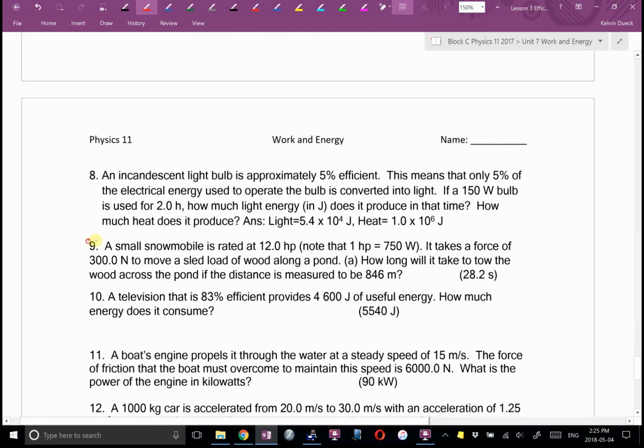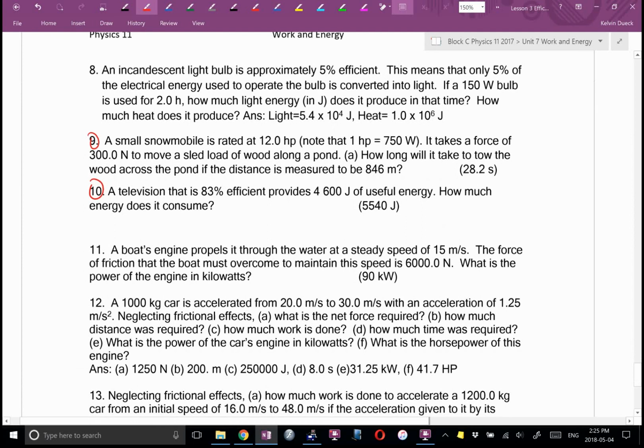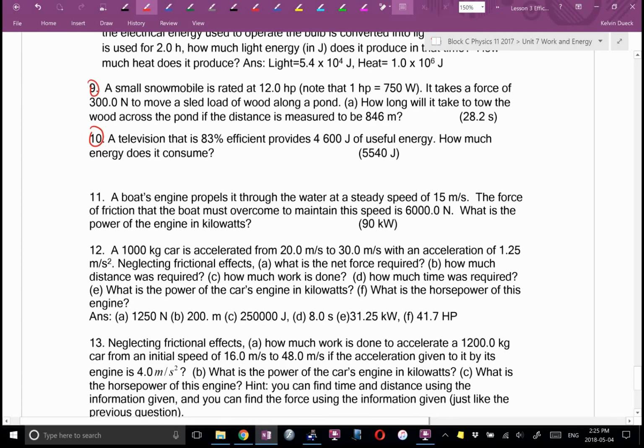I'm going to skip 8. 9 is good. 10 is good. 11 is good.